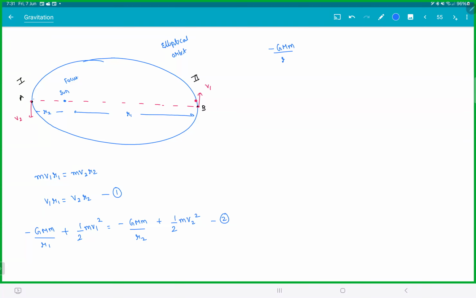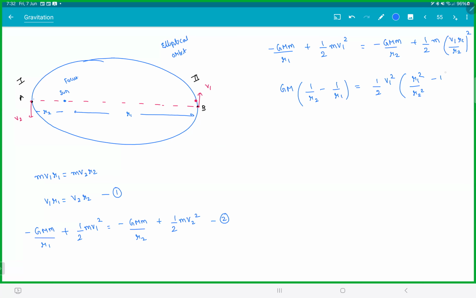Small m will cancel. Bring all v1s to one side. This GM times (1 by r2 minus 1 by r1) would be half v1 square times (r1 square by r2 square minus 1).